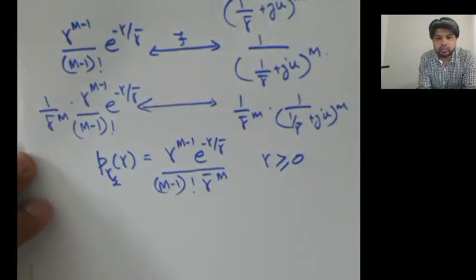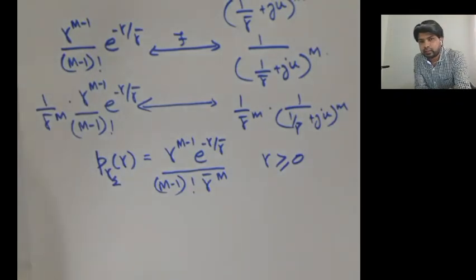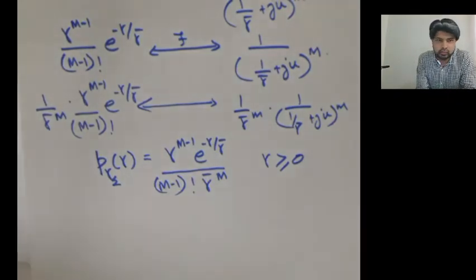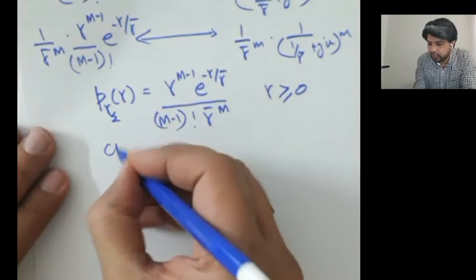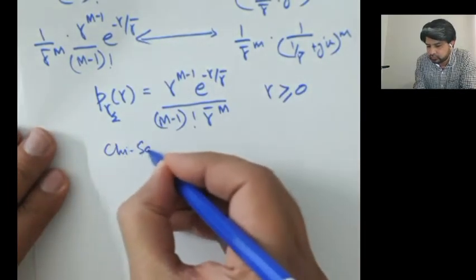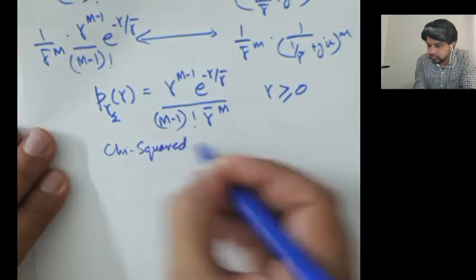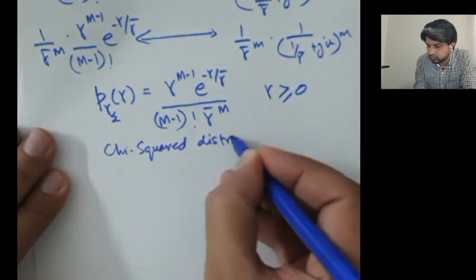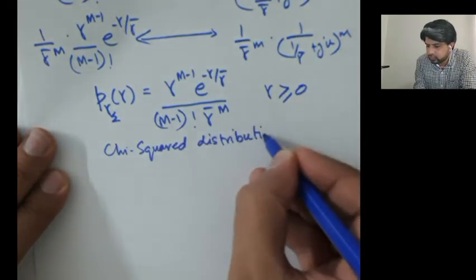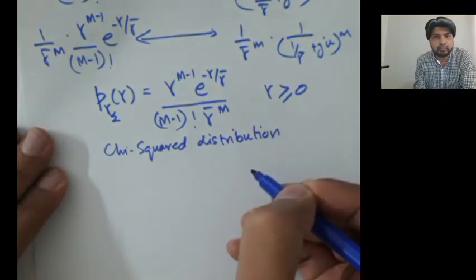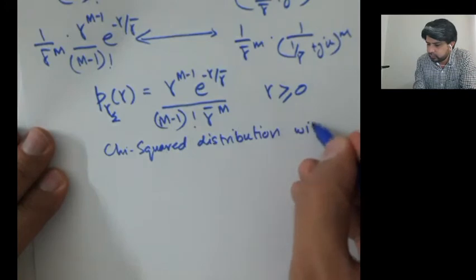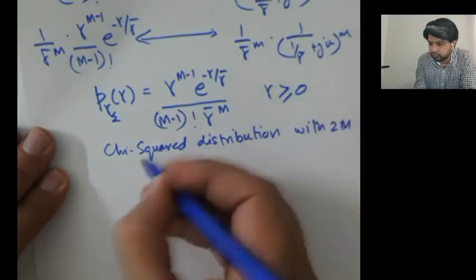This distribution has another name: it is called the chi-squared distribution, and this is a chi-squared distribution with 2M degrees of freedom.